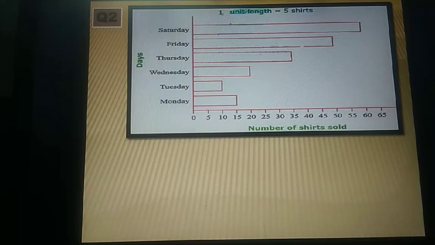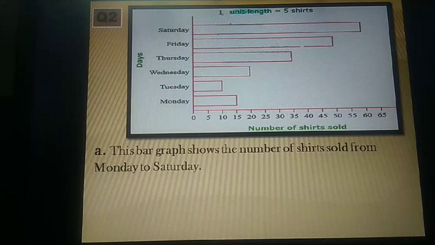Observe this bar graph which is showing the sale of shirts in a ready-made shop from Monday to Saturday. Now answer the following questions. What information does the above bar graph give? So this is very clear from the very first line of the question. So we can say that this bar graph shows the number of shirts sold from Monday to Saturday.